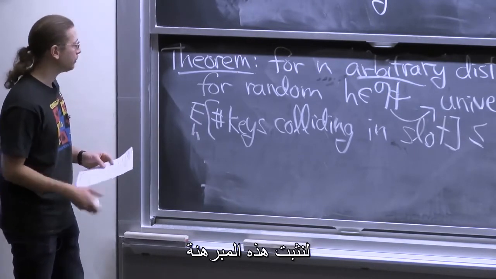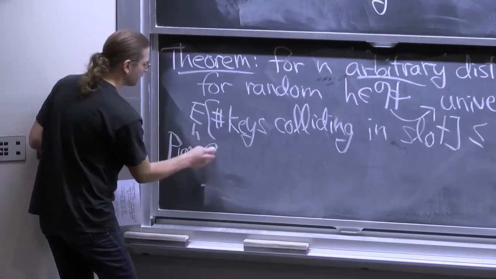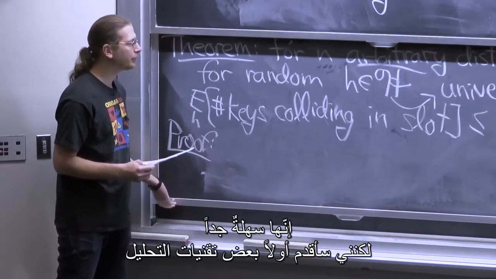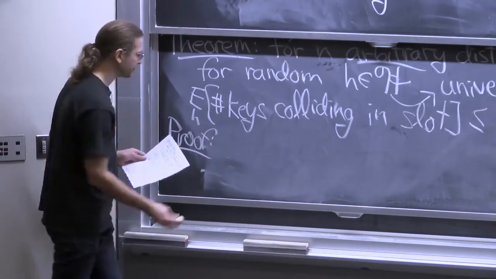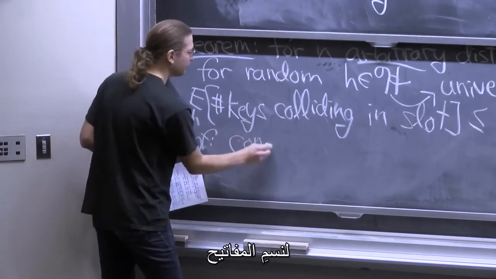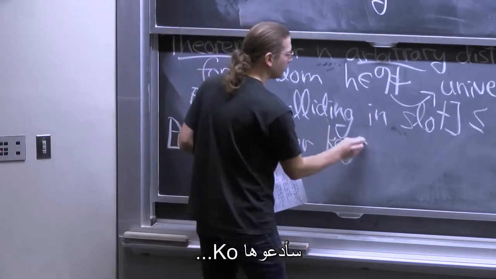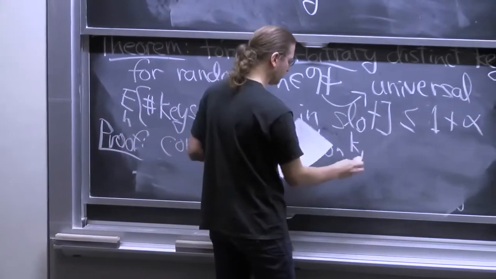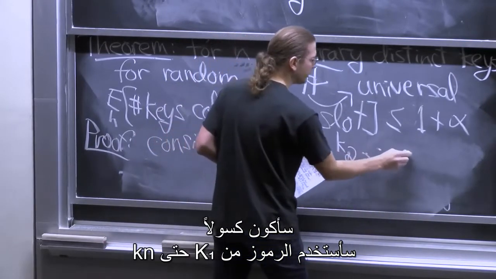So let's prove this theorem. Pretty easy, but I'm going to introduce some analysis techniques that we will use for more interesting things. So let's give the keys a name. I'll just call them K1 up to Kn.